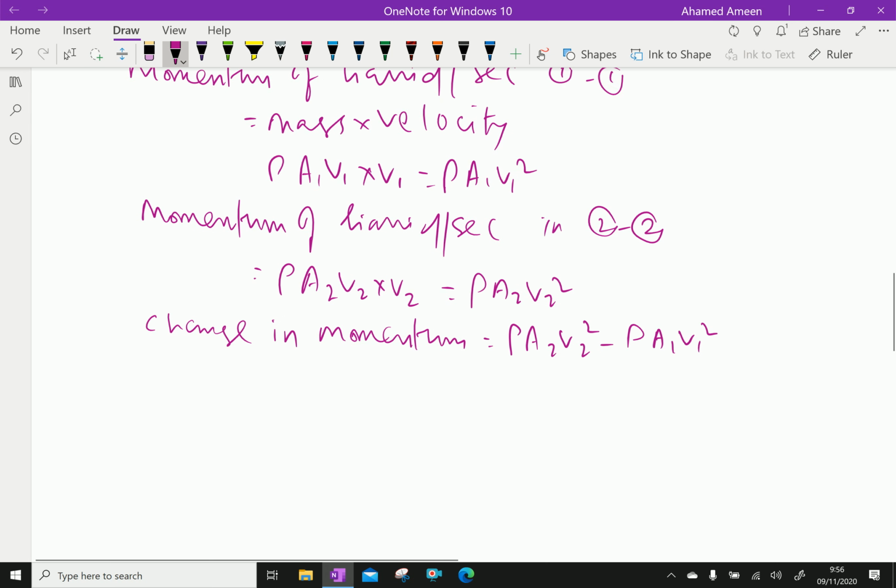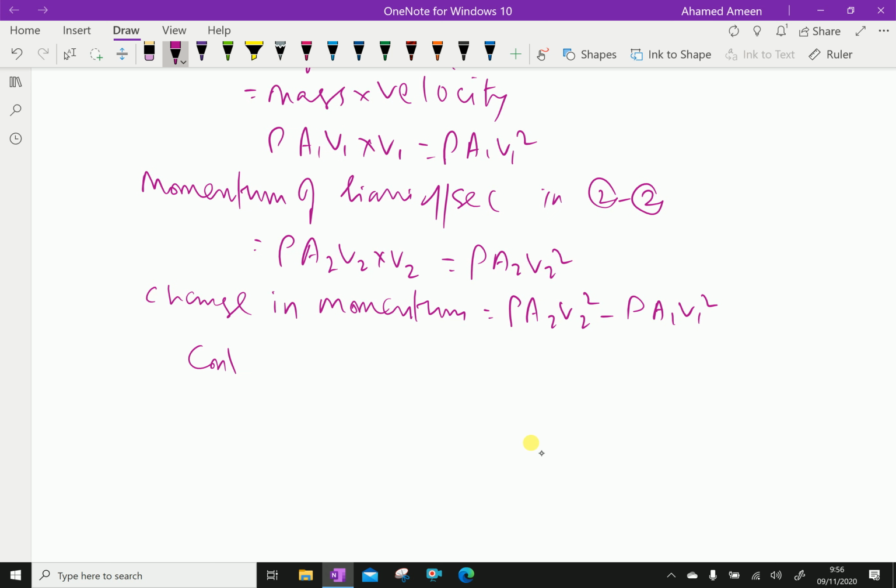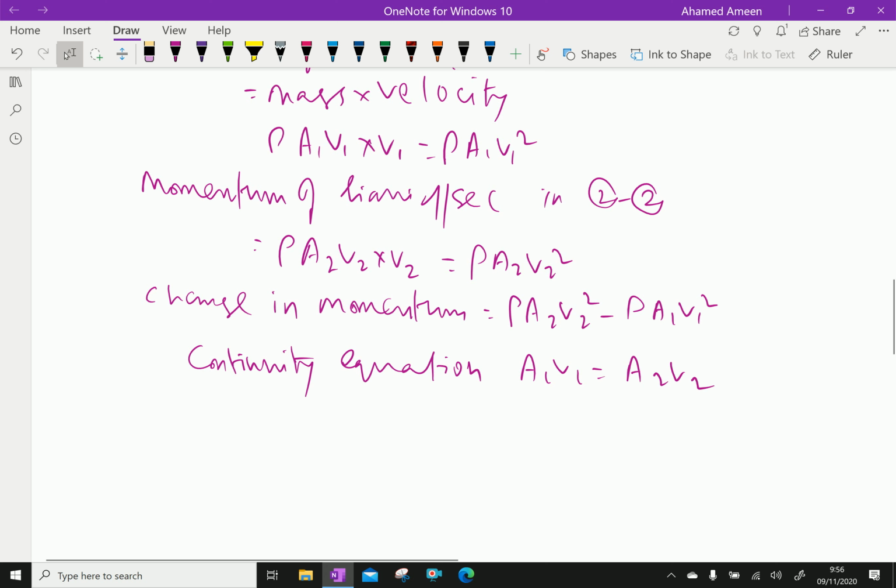From the continuity of flow equation, we have A1 V1 equals A2 V2.